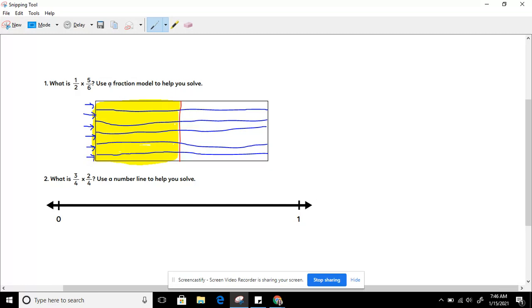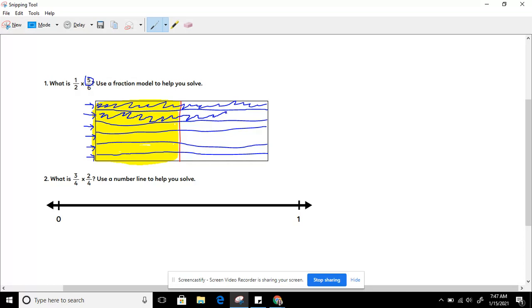Okay, so we've got our 5/6, but we need to shade in what the numerator tells us to shade in, and that's a 5. So we need to shade in 5 going across. So there's 1, and notice I'm going all the way across because that's 5/6.